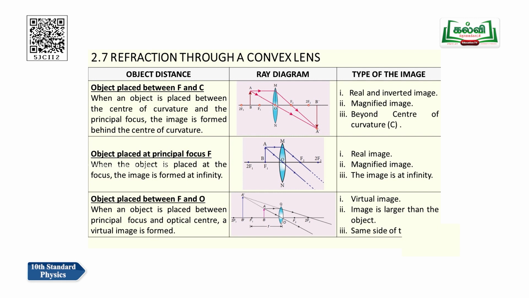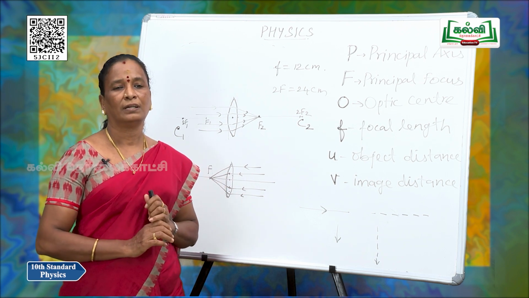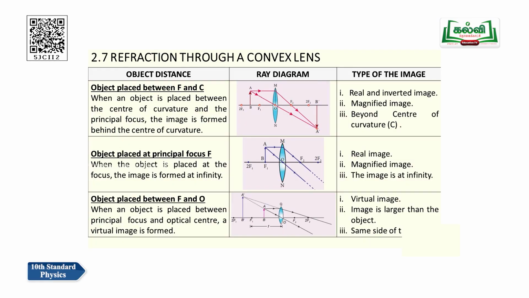The nature of the image: a real and inverted image, and magnified. You see the height of the object and the height of the image; it is inverted and magnified, formed beyond the center of curvature, that is, beyond 2f2. Okay, are you clear?